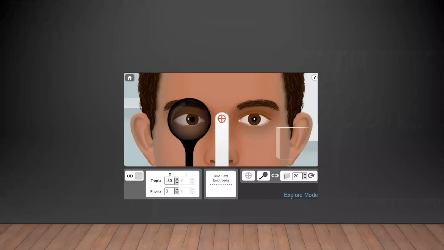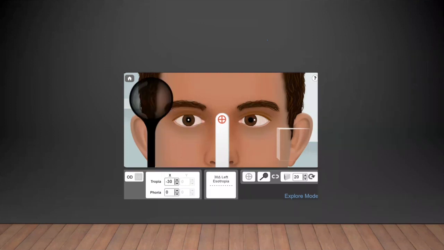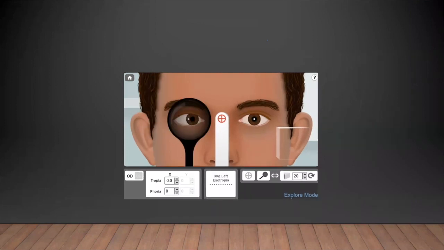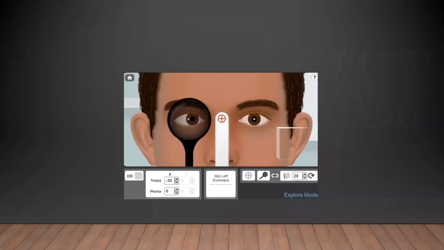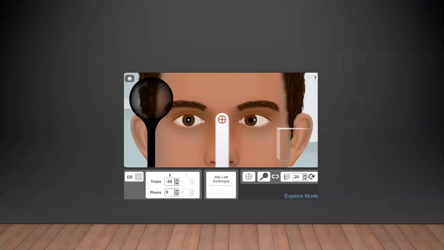Third, is it only in the left eye or is it alternating between right eye and left eye? What does this mean? Saying this is an alternating squint. I want to know whether most people agree that this is an alternating squint or is this only a left eye esotropia?